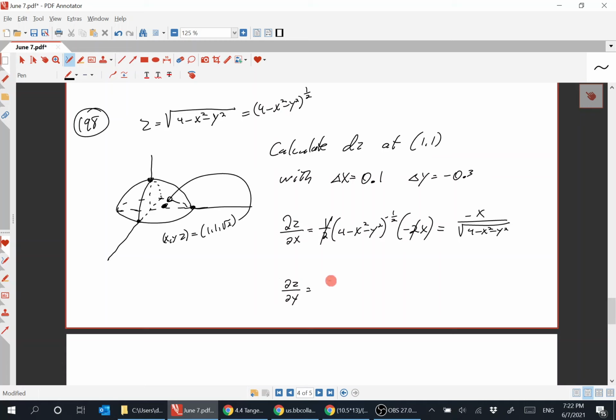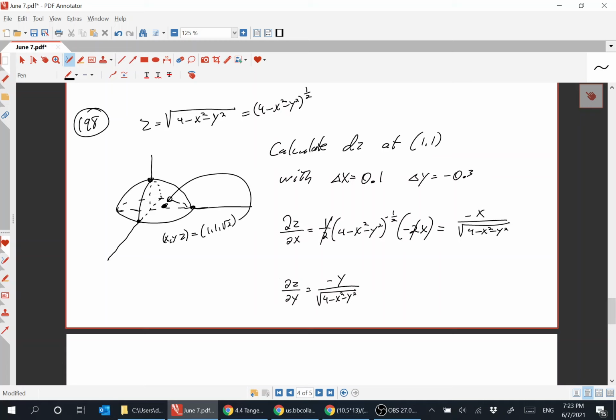So in this case, it's minus y over the same square root. There are a lot of functions that are like that. They're symmetric in both variables, and for 3 variable functions, you get that every so often. Okay, so what do we got here?